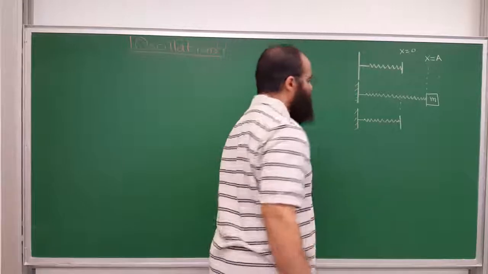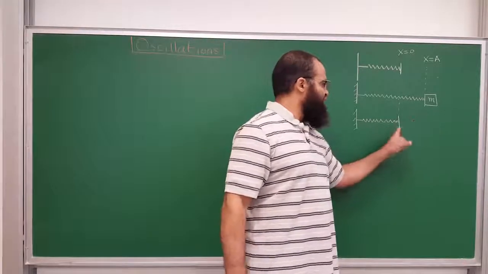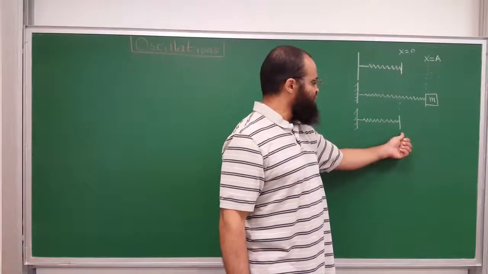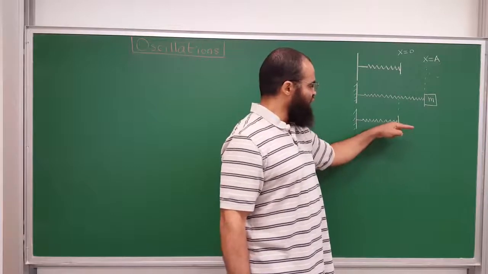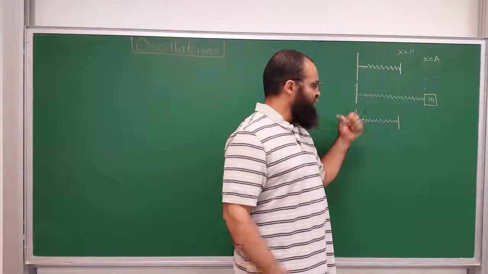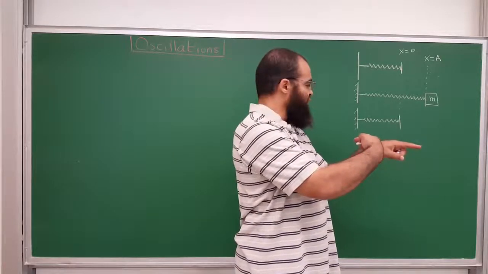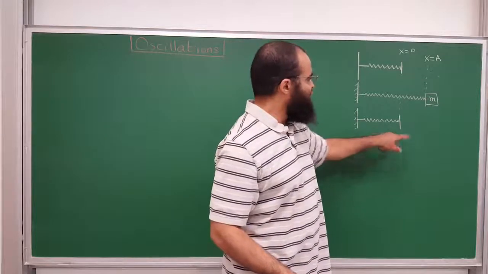Why? The reason is the force is in this direction until you get here. Once you pass here, the force switches because the spring starts to become compressed, and then it reverses direction. The force comes this way, but the velocity is this way. Remember, when force and velocity are in opposite directions, it means acceleration and velocity are in opposite directions, so you slow down. So when you get here, you have the maximum speed.